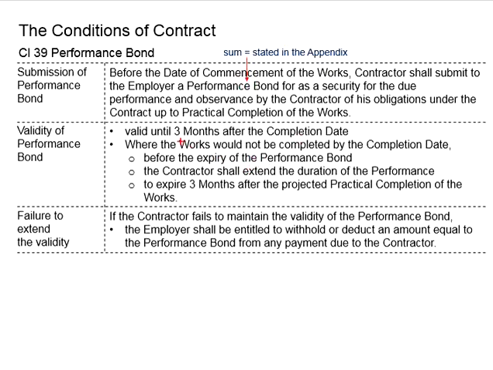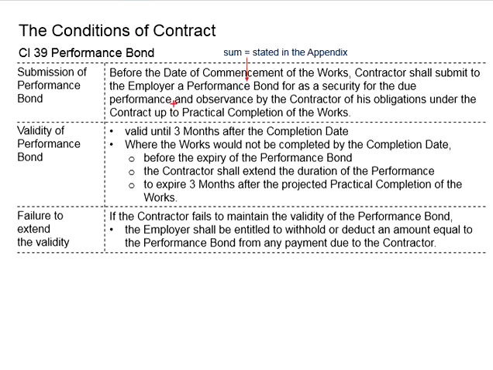In the case that the work is not completed by the completion date, that means there is a delay of the work for whatever reason, whether the extension of time is given or the extension of time is not allowed, as long as the project hasn't completed yet, the contractor will have to maintain the validity of the performance bond.